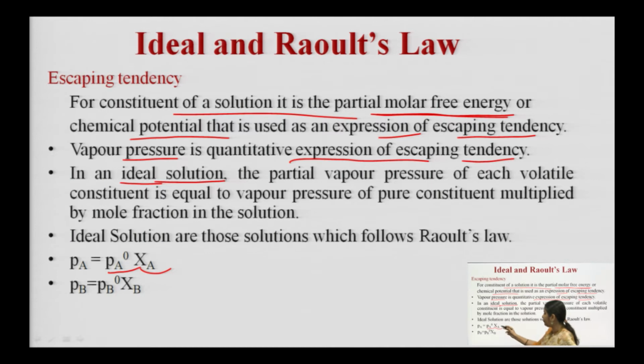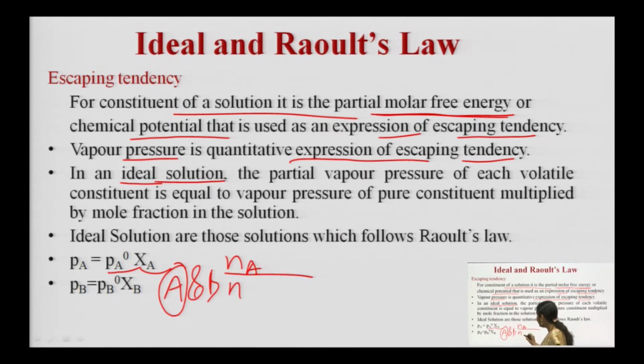Vapor pressure we have already discussed in the last lectures, and mole fraction we also know. Suppose we are considering two types of molecules, A and B. Then the mole fraction of A can be written as the number of moles of A divided by the total number of moles of A plus B. Okay.